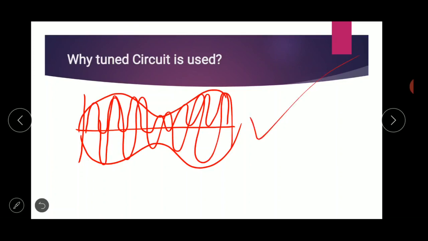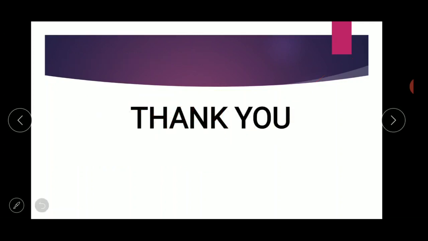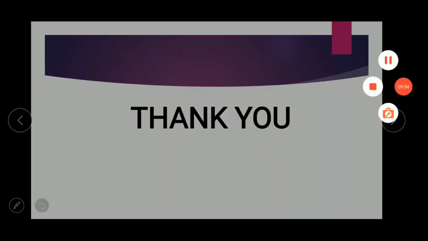So we use the tuned circuit, and at the output of the tuned circuit we get the whole waveform like this. This is our desired output. So this is all about the collector modulation technique. Thank you.